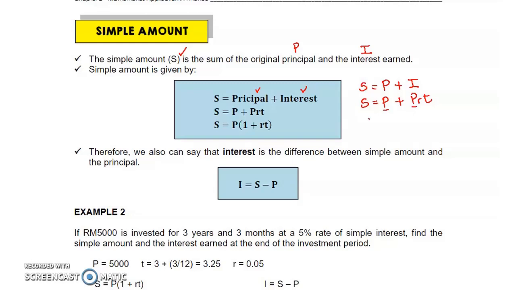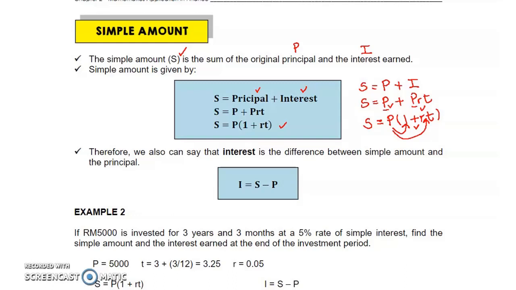So when we factorize, you take out P. Here we will get P multiplied by 1 plus RT. Okay. P times 1, we get P, plus P times RT, we get PRT. So S equal to P multiplied by 1 plus RT.